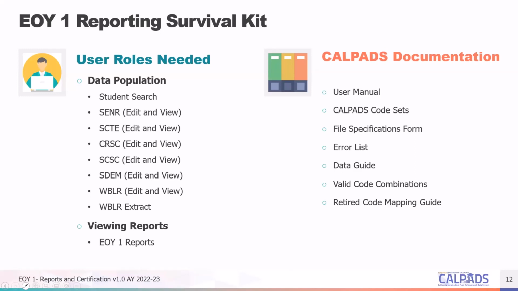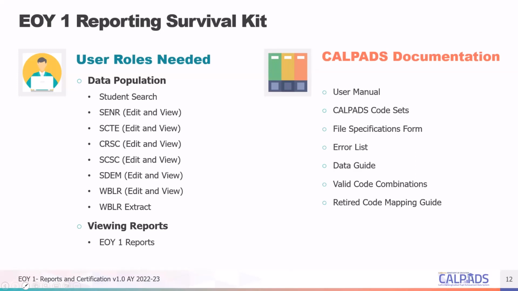LEAs should also be aware that there are excellent reference documents available to download for guidance on different aspects of CalPADS reporting. The CalPADS user manual contains all essential information for CalPADS users to make full use of the system. It includes a description of the system functions and capabilities, contingencies and alternate modes of operation, and step-by-step procedures for system access and use.